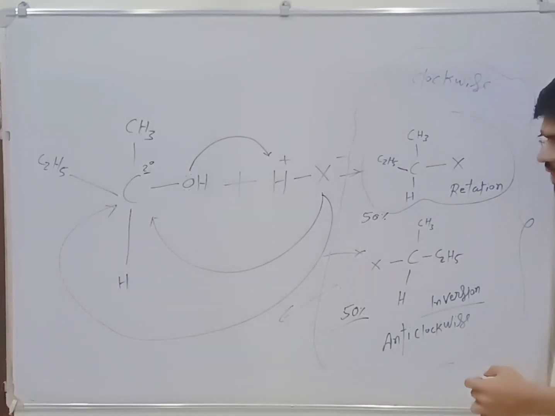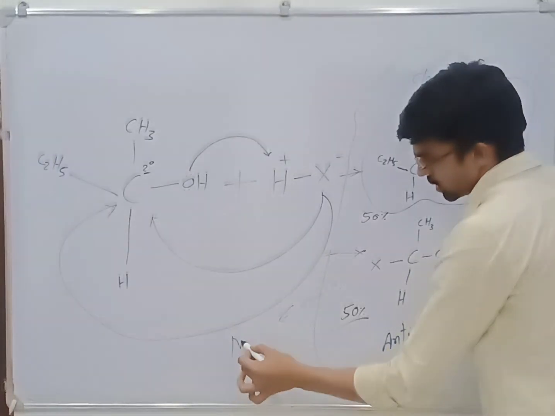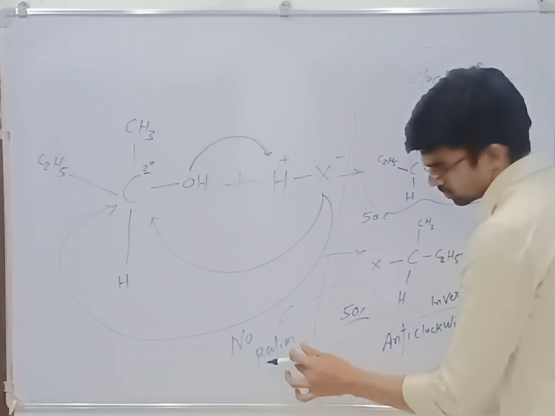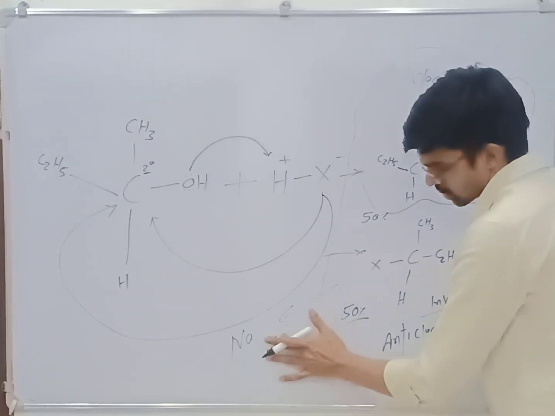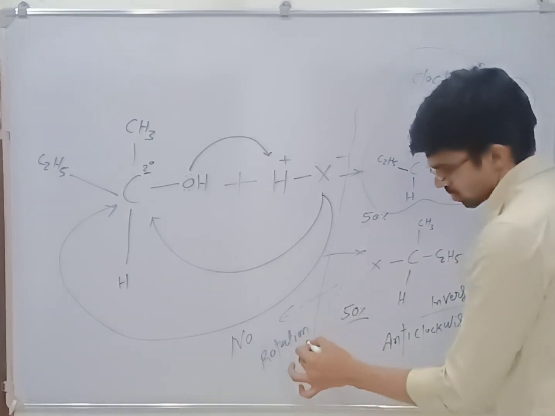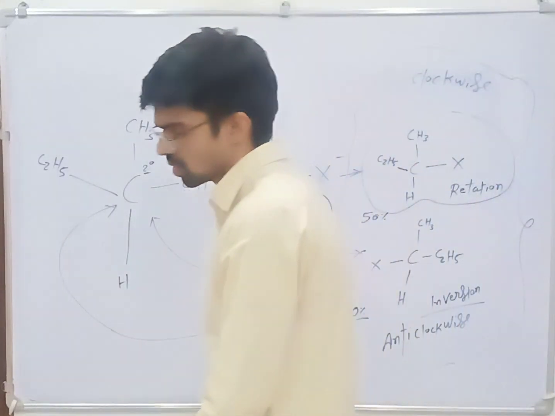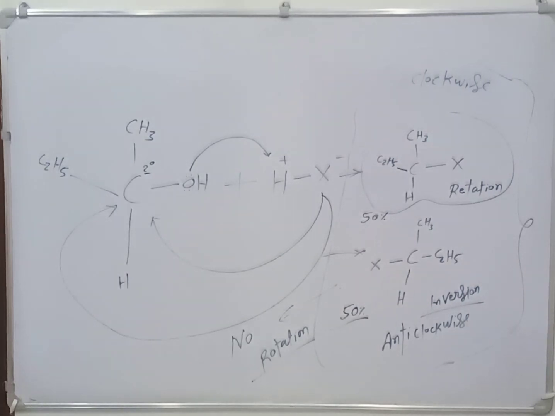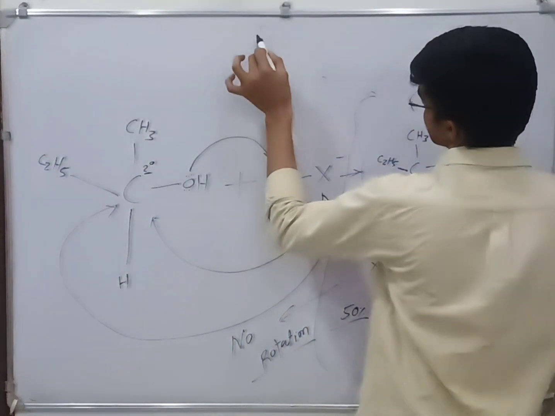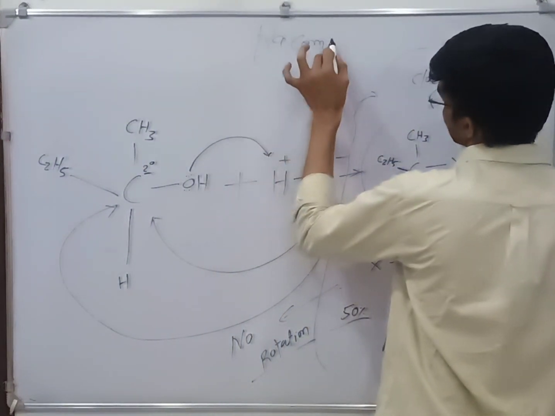So finally there will be no rotation of the plane polarized light. This type of mixture of products is called a racemic mixture.